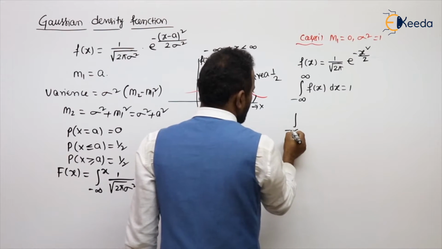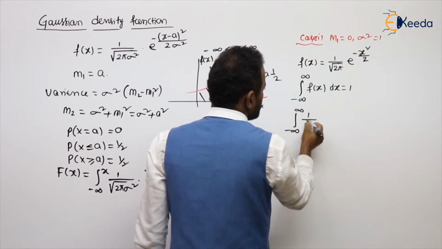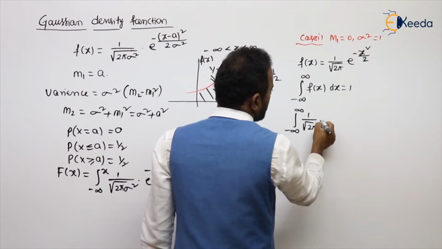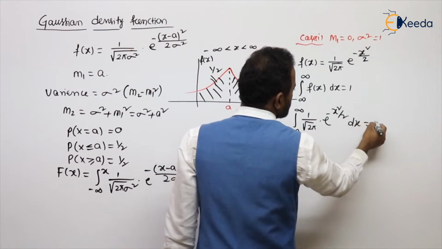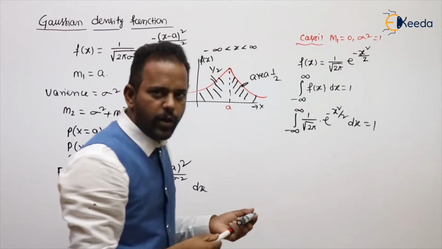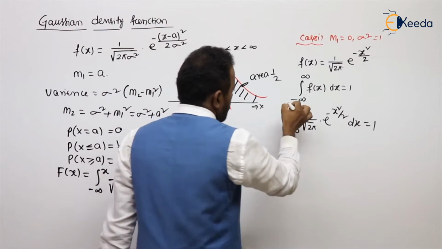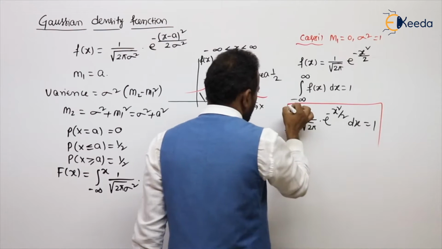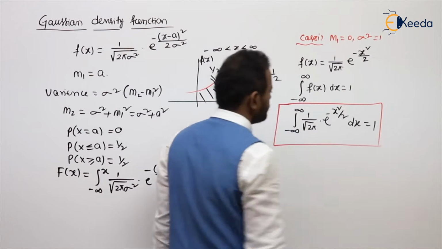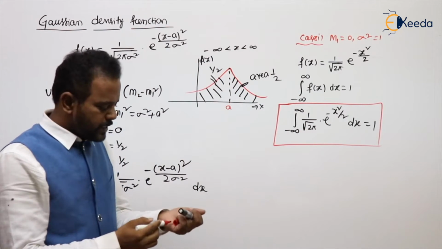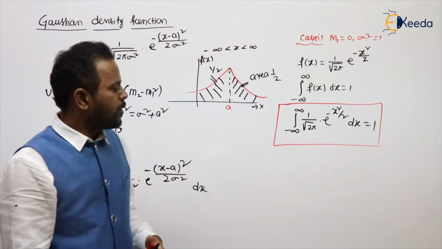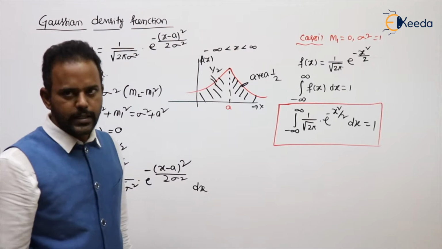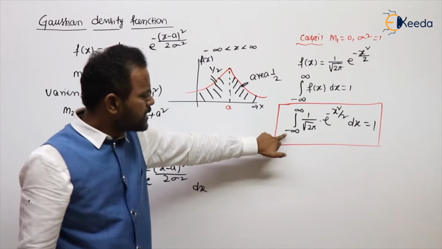So the integral from minus infinity to plus infinity of 1 over root 2 pi into e power minus x square by 2 dx has value 1. Very important. Number of GATE problems are based on this.